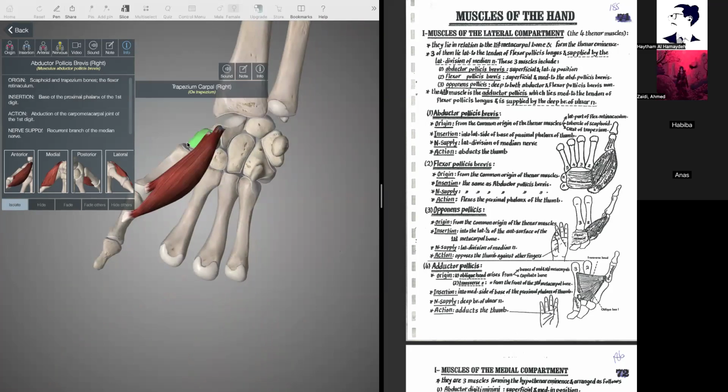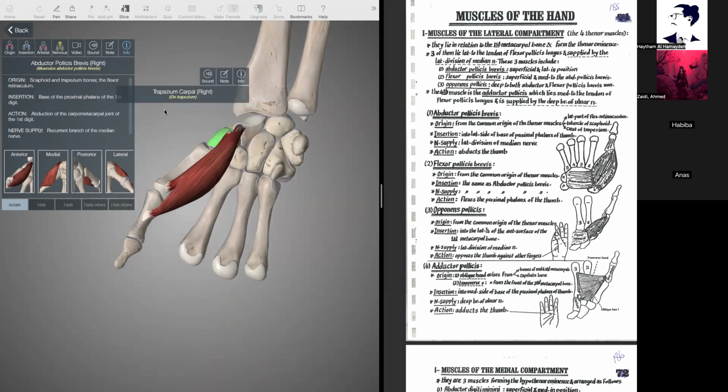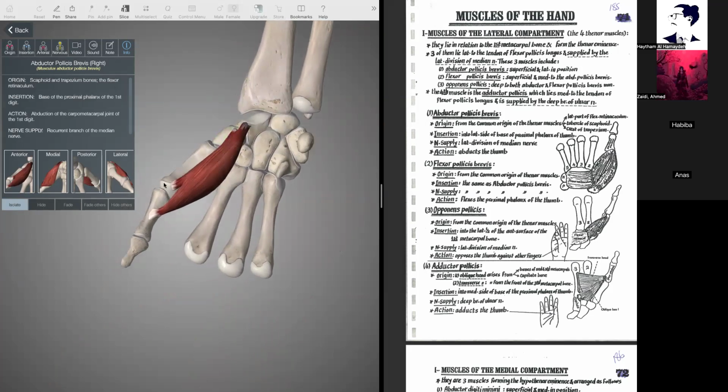And I know it might be really hard to memorize all the details for all the muscles, but look, if you already know where it's kind of situated, you kind of know where it originates from and where it inserts. Insertion: base of proximal phalanx of first digit.